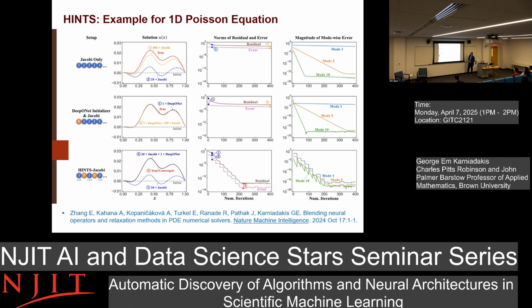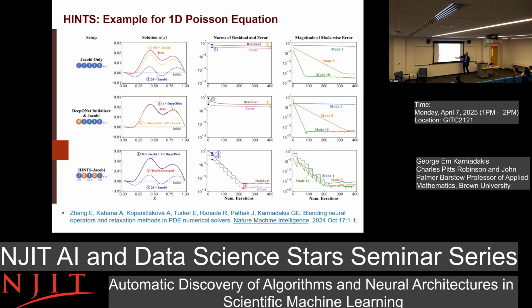Okay, so let's see an example of the equation I showed you earlier. If I use Jacobi, every iteration, you see the error? So it's not very good because of mode 1. It doesn't really go down. It goes down, initially it goes down, and then if I go only DeepONet in the beginning and then Jacobi, nothing happens.